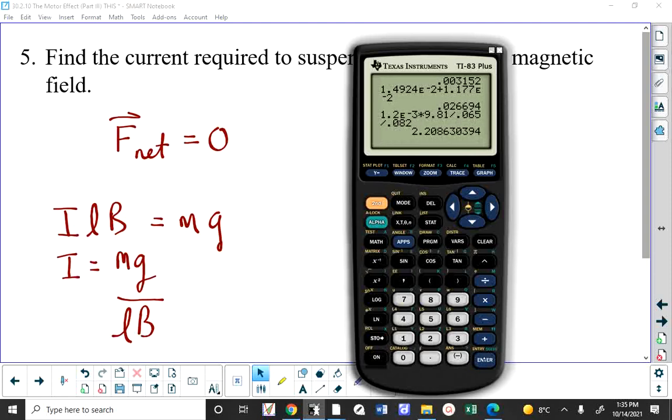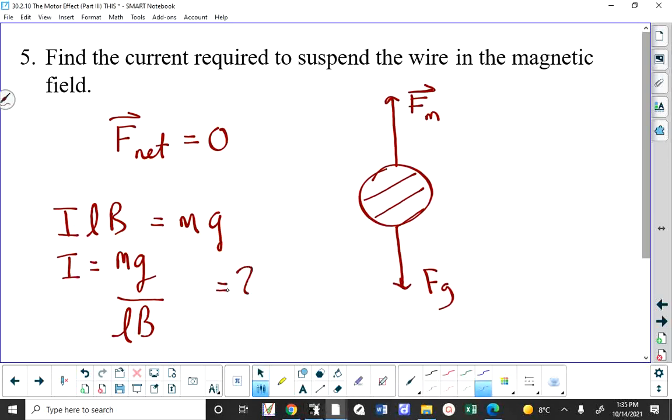So the answer to this question is 2.2 amps. Which kind of makes sense because at 2.8 amps, there was a greater force up. So we need less than 2.8.